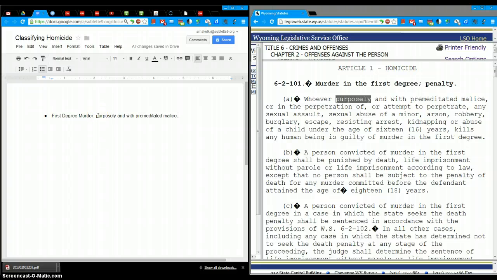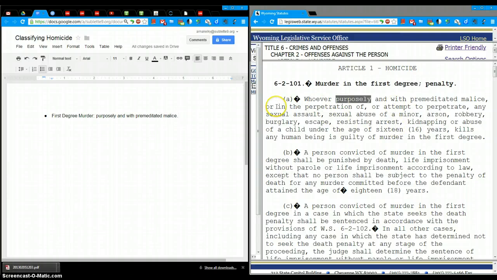So basically, if they're committing a homicide on purpose and they've pre-planned it out and organized stuff, it's not just they snapped and in the heat of the moment they killed somebody, and they also do it with the intent to cause harm or hurt, then that would constitute first degree murder.